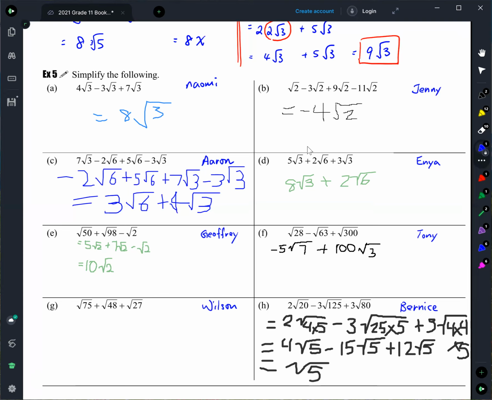So you can write 5 square root 3. Wait, like this? No. 5 goes on the outside, right? 5 on the outside, square root of 3.